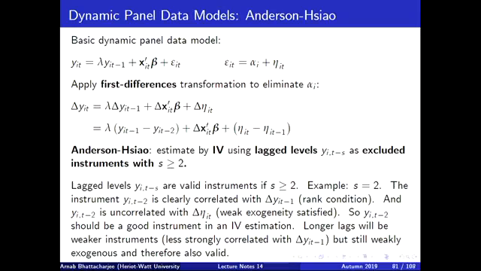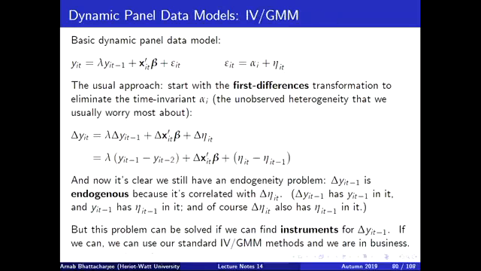However, there is a problem as well. What is the correlation of this term with yit minus 2? That is minus sigma square y. So the yit minus 2 correlation with this is minus sigma square y.